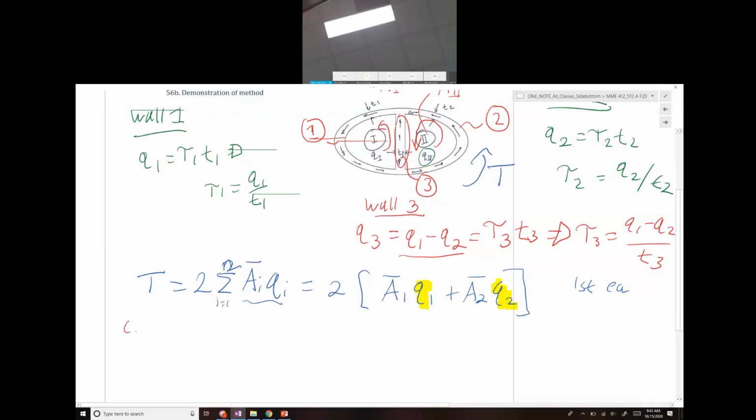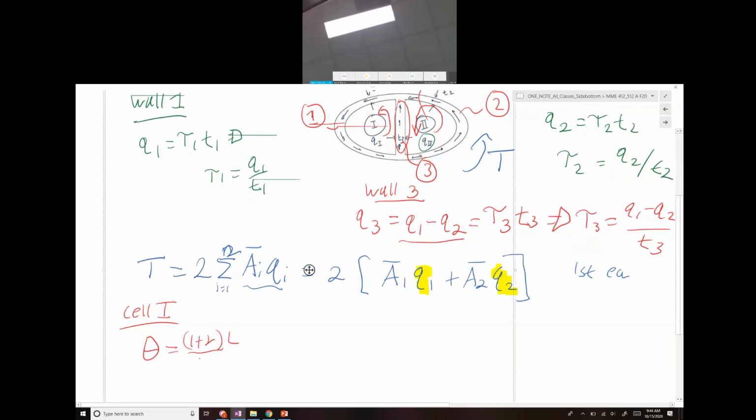For cell 1, you define phi as being equal to 1 plus V L over E A1, and we integrate Q over T of S ds. So this integral here, you would get one. Everything out in front is a constant.